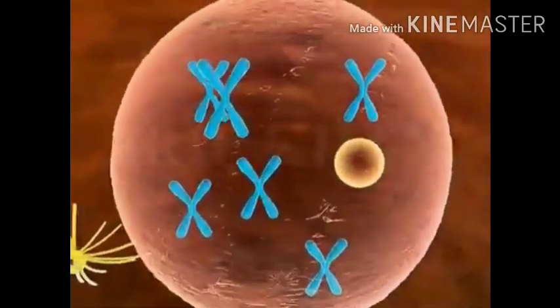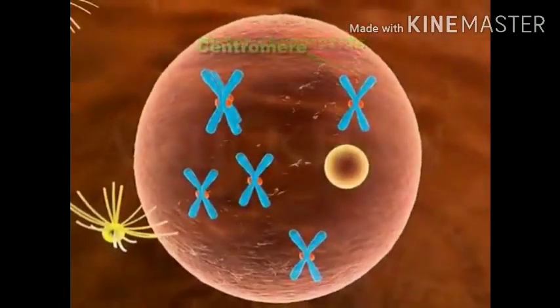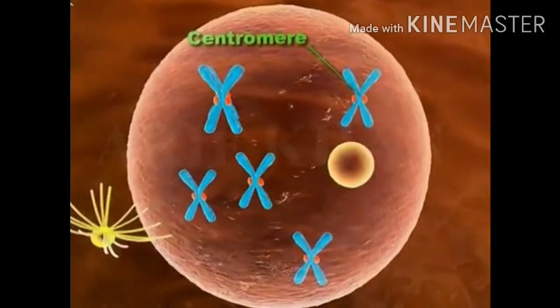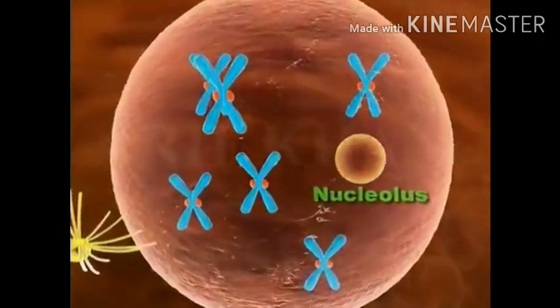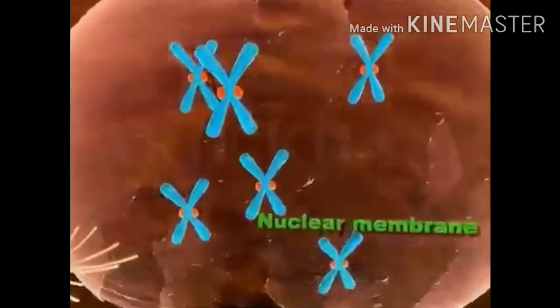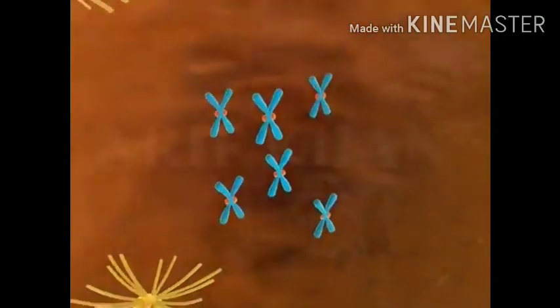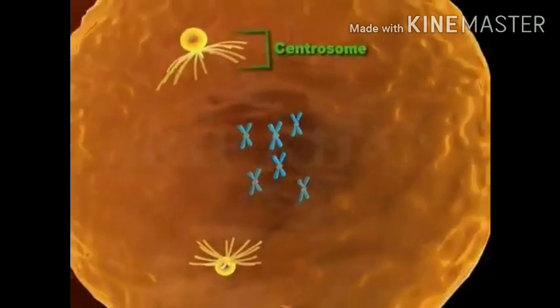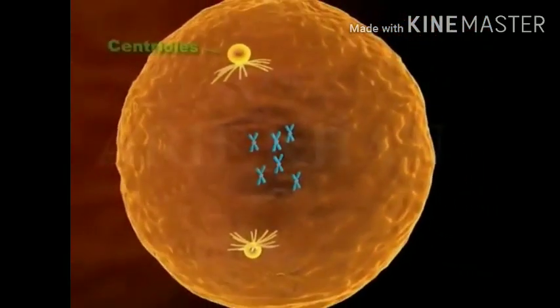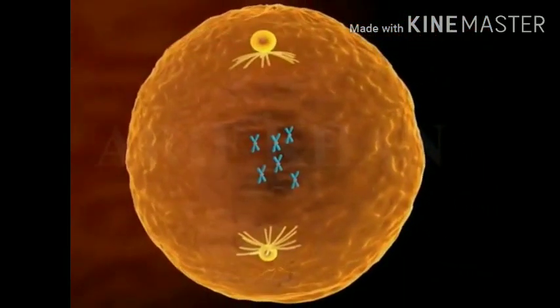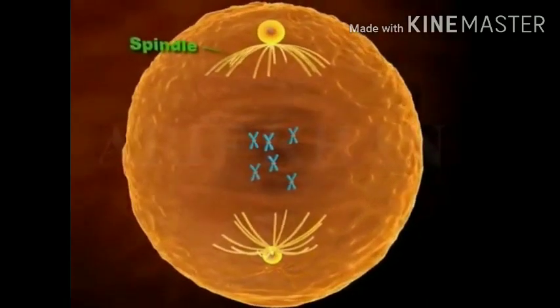Each chromosome has two sister chromatids joined together at the centromere. The nucleolus disappears and the nuclear membrane starts to break down. The centrosomes, each with a pair of centrioles, move apart to the opposite poles, forming a spindle between them.